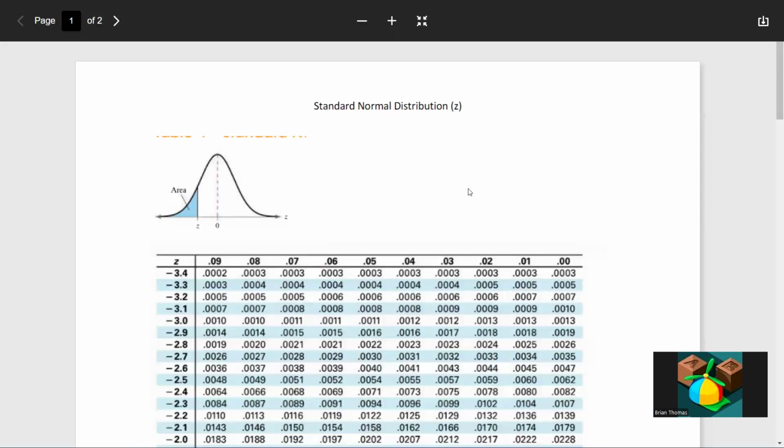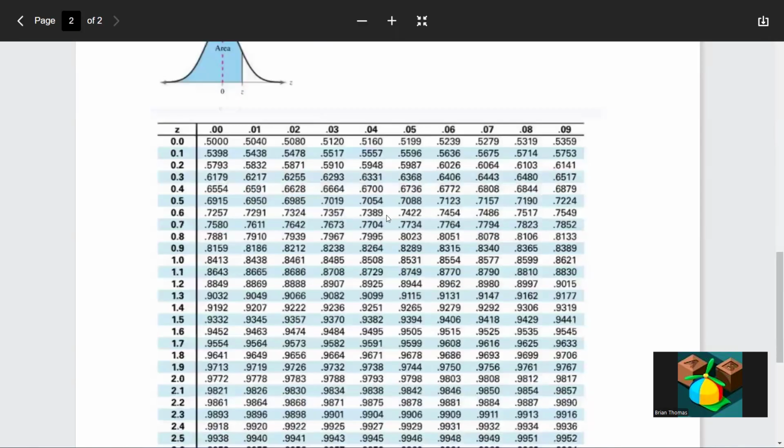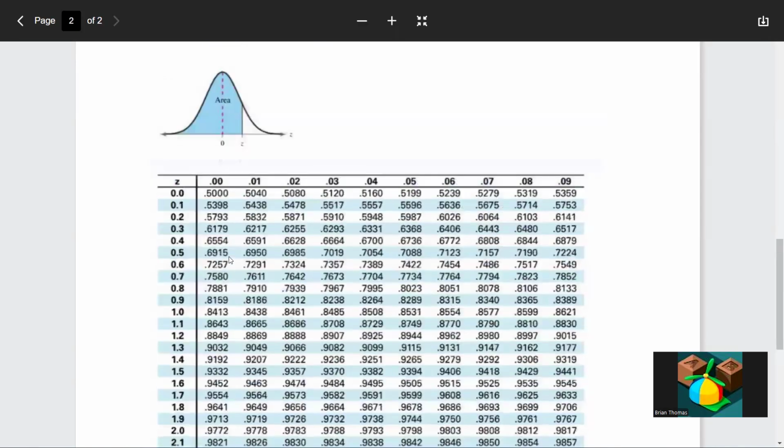So I need to find 0.5 to start with. Those are negatives. So come down to the other one. So 0.50 would be here. 0.6915 would be that one.